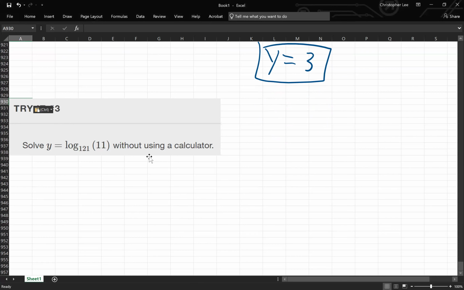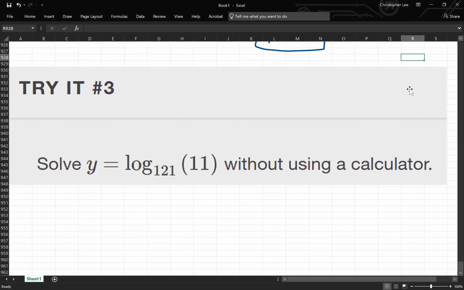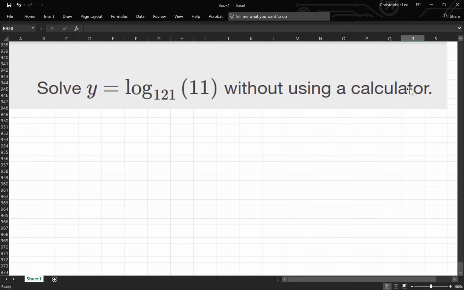Like, look at this one real quick. So I want to solve y equals log base 121 of 11. Without using the calculator, but we could use a calculator, right? So I have y is equal to log base 121 of 11, right?